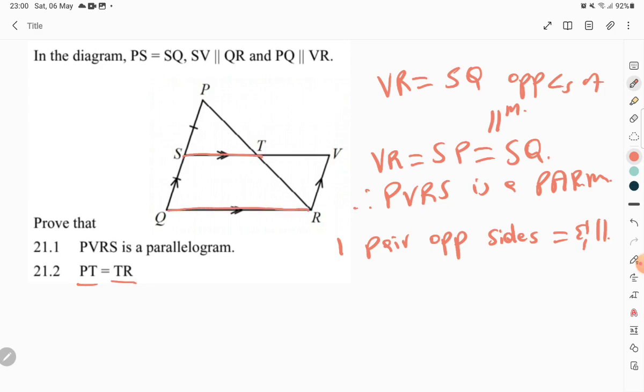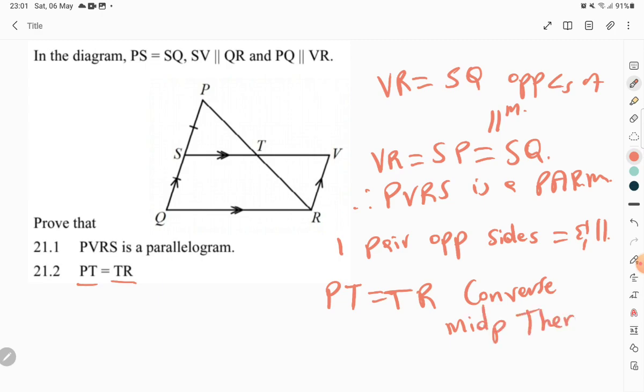Then we can see the converse of midpoint theorem over here. That makes PT equal to TR, and the reason is the converse of the midpoint theorem.